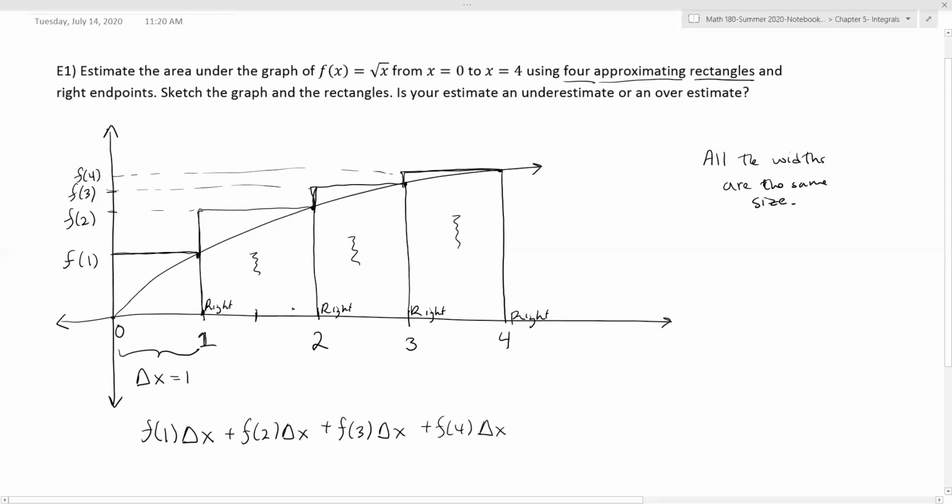Notice that in each case delta x remains the same. Delta x is always equal to 1, because we use the same length for every one of them. What changes is our height, and our height is based upon our function f of x. Do you have any questions about that?